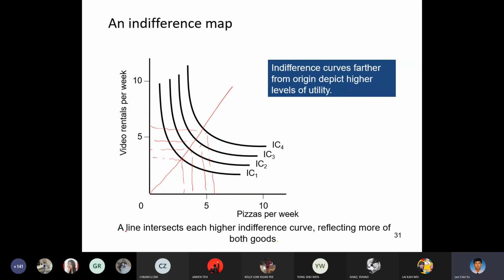That's why you see the line intersecting each indifferent curve, reflecting more of both goods. So normally we don't draw this line. It is just a reference to show that an indifferent curve far away from the origin represents higher utility, and at the same time you can consume more goods.